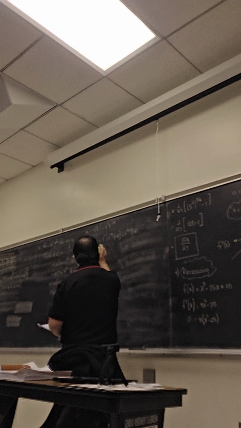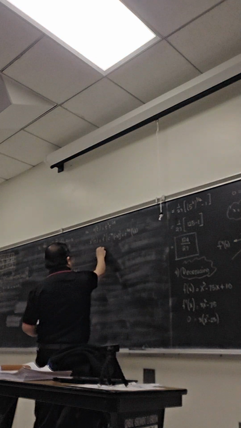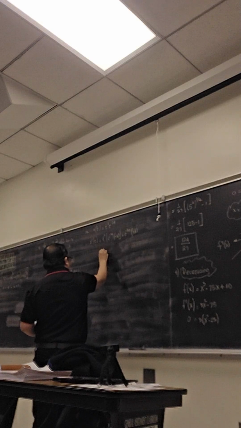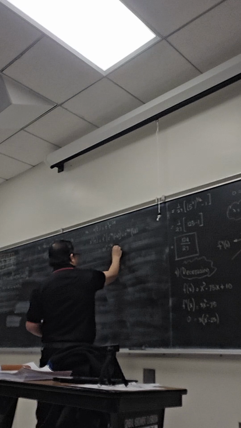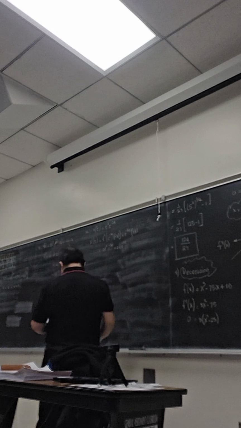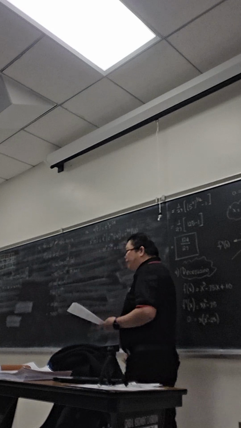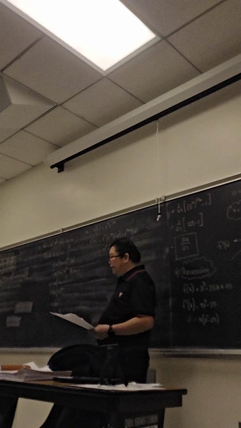Okay, and then simplifying further, we can write this now as negative 3t squared e to the power of negative 3t plus 2t e to the power of negative 3t. Can we factor out what is common to these two? It is e to the power of negative 3t, right?